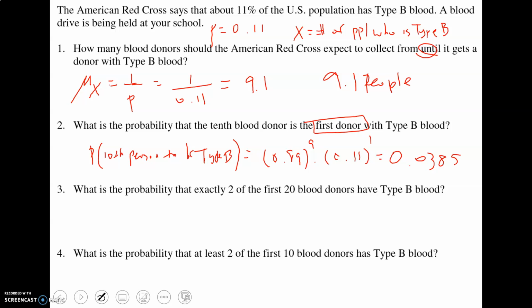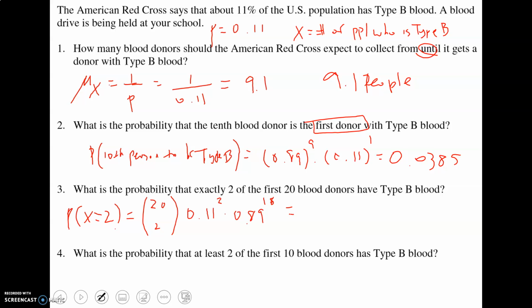What is the probability that exactly 2 of the first 20? So this one is more like a binomial setup because you want to know the person being exactly 2 out of 20. So to find this, you use the combination, right? 20 choose 2, and then the probability of success would be 0.11, and then failure would be 0.89 to the 18th, right? Because 20 minus 2. Or you can use binom PDF for this one.